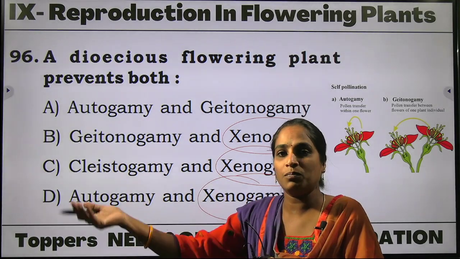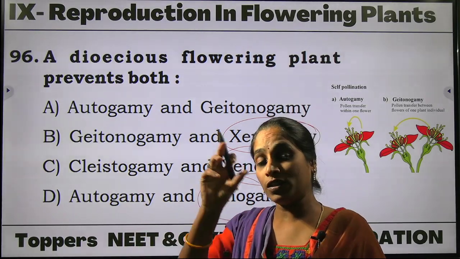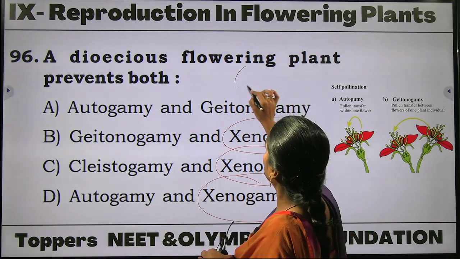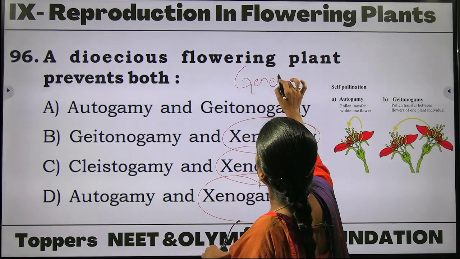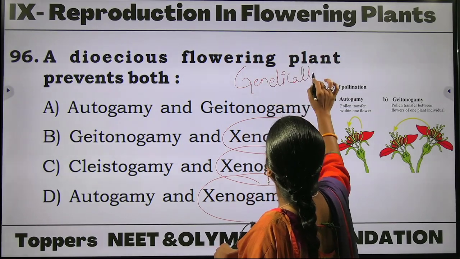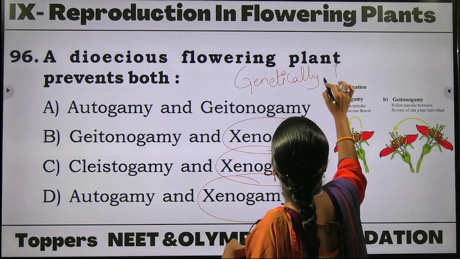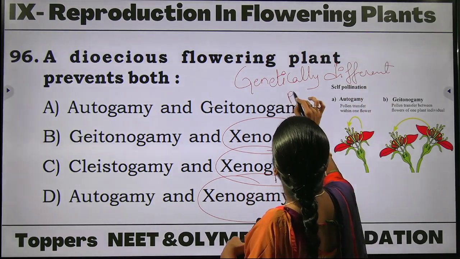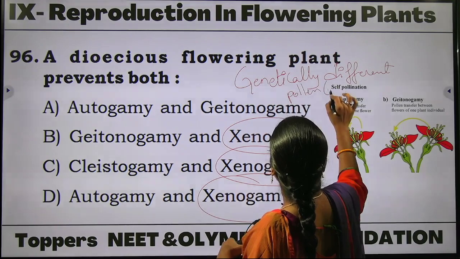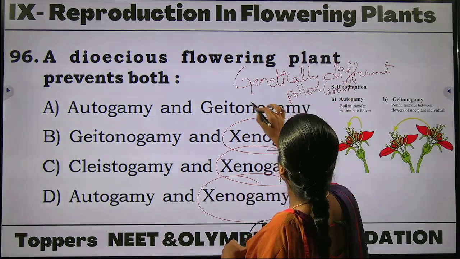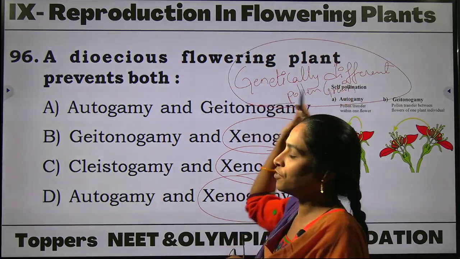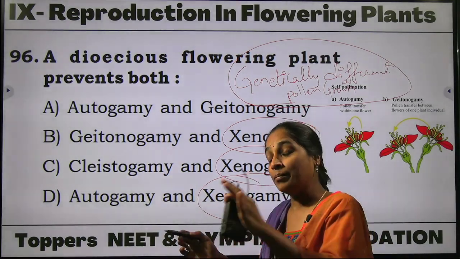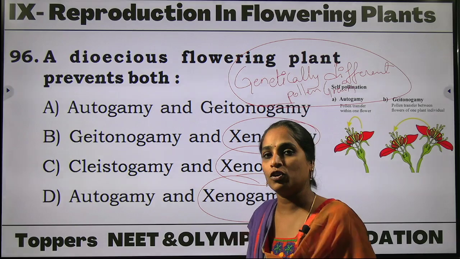The species will be completely different. So whatever the pollen grains are being produced over there, different pollen grains are being produced by this type of cross pollination, transferring pollen grains from the male flower of one plant to the female flower of another plant.